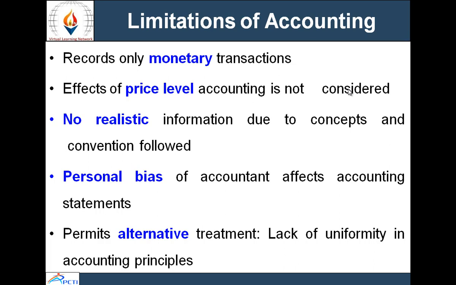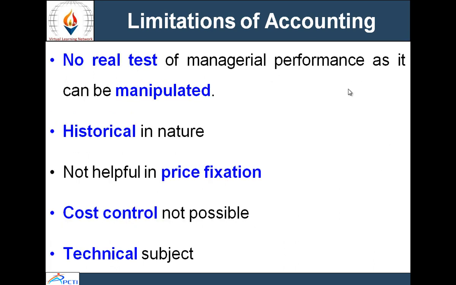Number 5, it permits alternative treatment, with lack of uniformity in accounting principles. Number 6, no real test of managerial performance as it can be manipulated. It is historical in nature, not helpful in price fixation, cost control is not possible, and it is a technical subject.